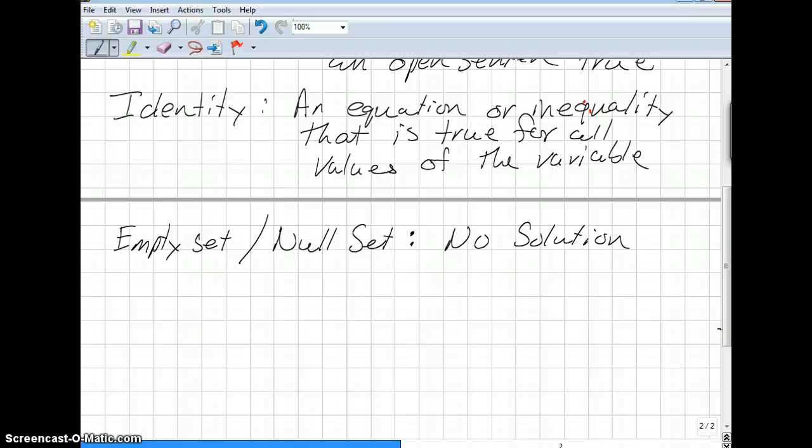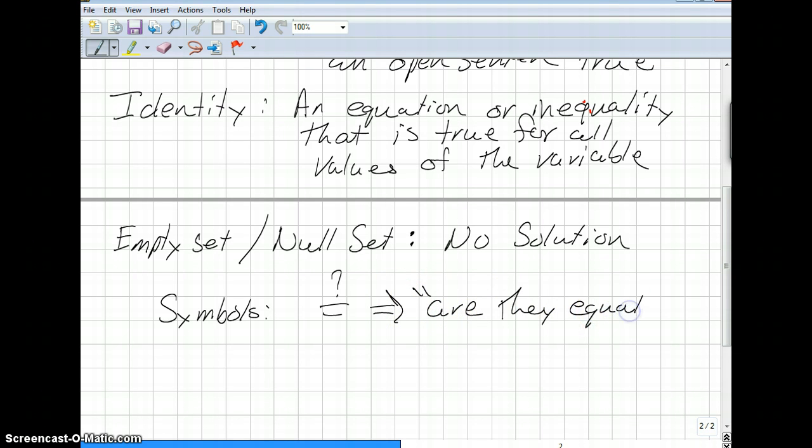Then we have some symbols that we wanted to know. We have the equal sign with the question mark, which is translated, are they equal? Then we have the three dots that look kind of like a triangle or pyramid, which is read therefore.